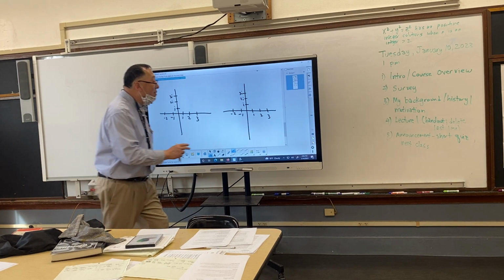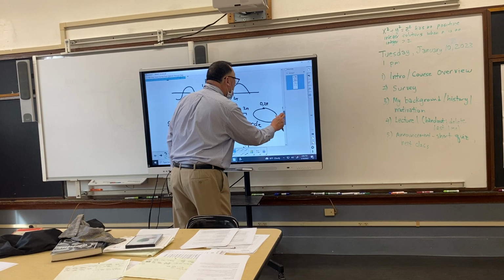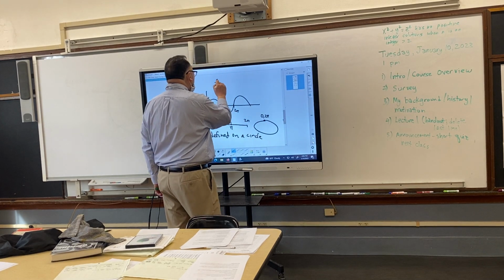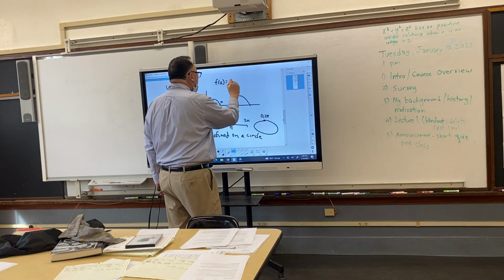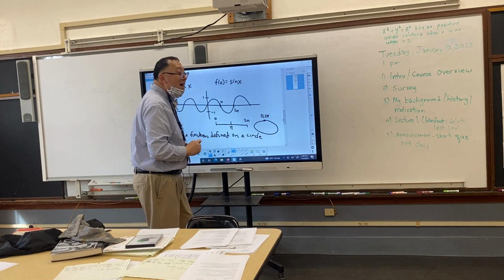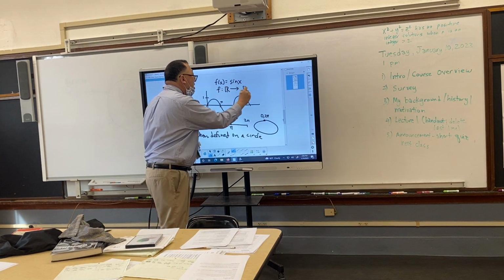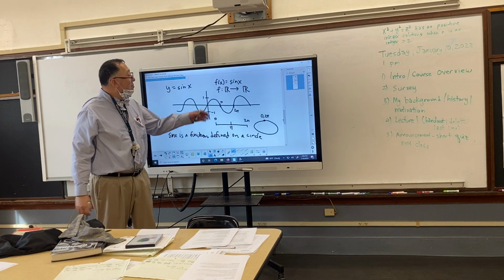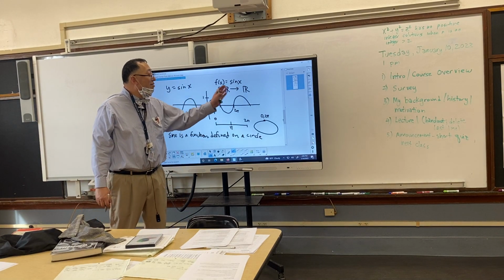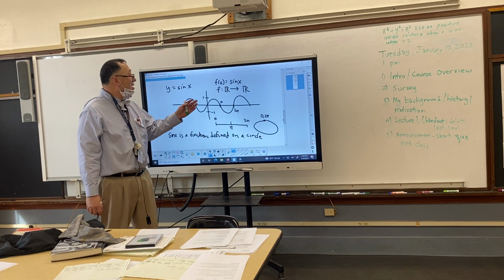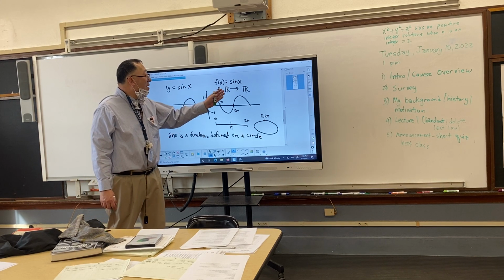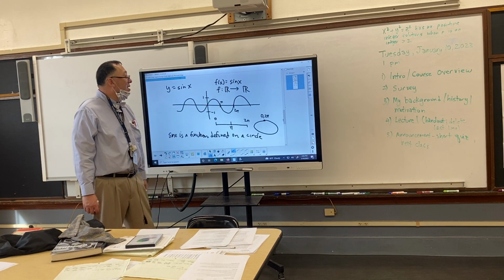Above, when we were looking at f of x is equal to sine x, we're looking at a function that takes the real numbers and maps them to real numbers. So I put in a number like 0, and I get 0 out because sine of 0 is 0. If I put in pi over 2, it maps to 1.